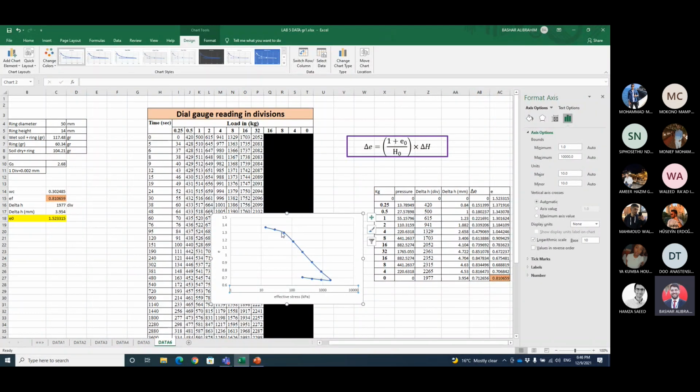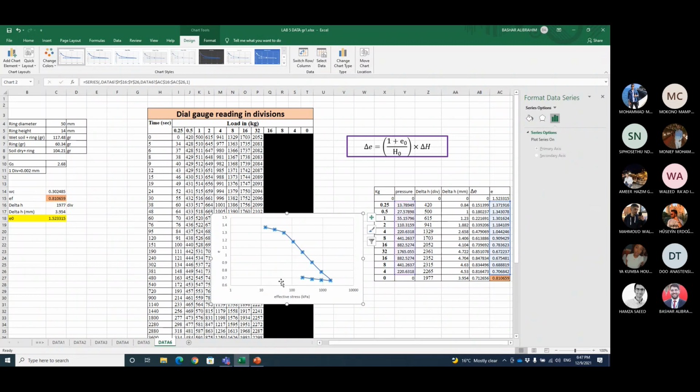You can clearly see the inflection point here. So now we need to find the calculation, the Cr, which is the slope, and Cc, the other slope. You can see my mouse cursor, by the way. Yes, okay, good. And we need to find the pre-consolidation pressure.